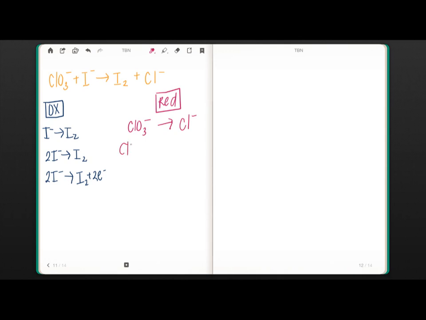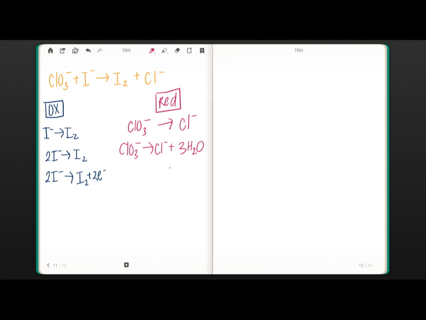So ClO3 minus goes to Cl minus plus H2O. But here's the thing, you need 3 oxygen. So in order for it to be balanced, you need to put a 3 in front of the H2O.